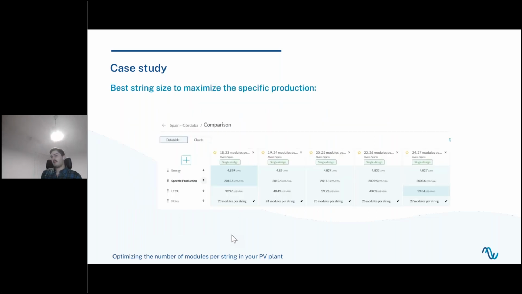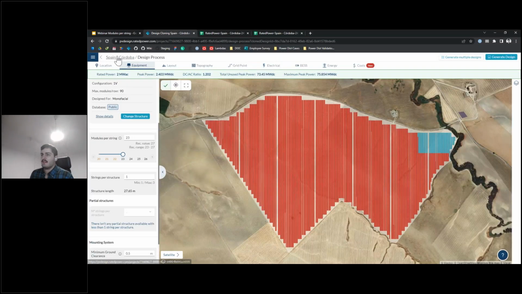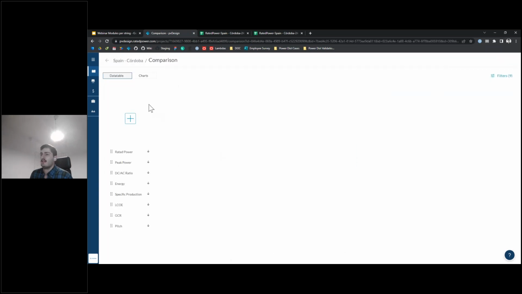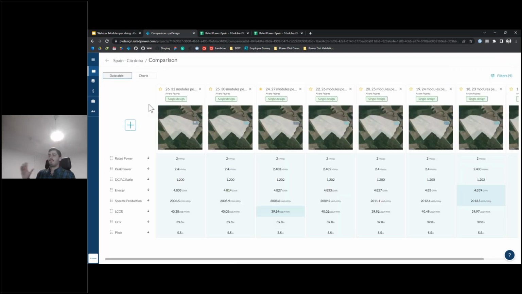So in terms of maximizing the specific production, I'm going to go back to pvDesign. If we click on compare, we will have all the designs that we have already created. I did it previously with the cloning feature, and we can sort them by specific production.